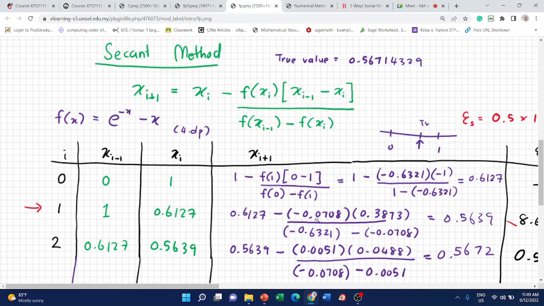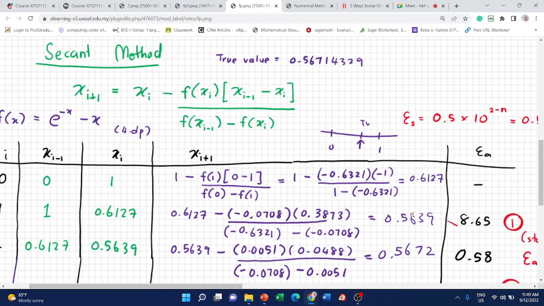This is when you substitute 0.6127, put here e power negative 0.6127 minus 0.6127. You get this number. Then you simplify and do the other part, when you substitute 1 into this function. Okay, so your latest value is here, 0.5639.